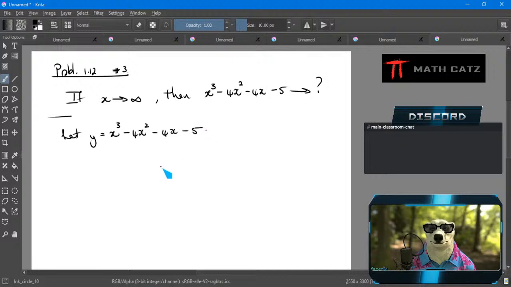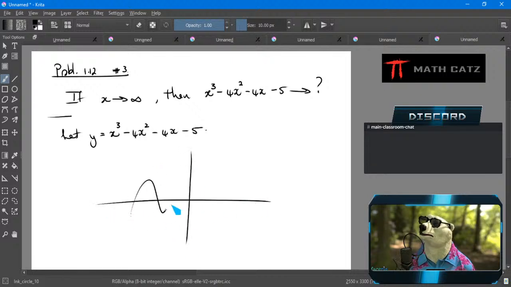I don't know what this graph looks like, but that's also not the question. The question is just, what is the long-term behavior to the right? The graph could go up and down, all kinds of things. Eventually, is it going up or is it going down?